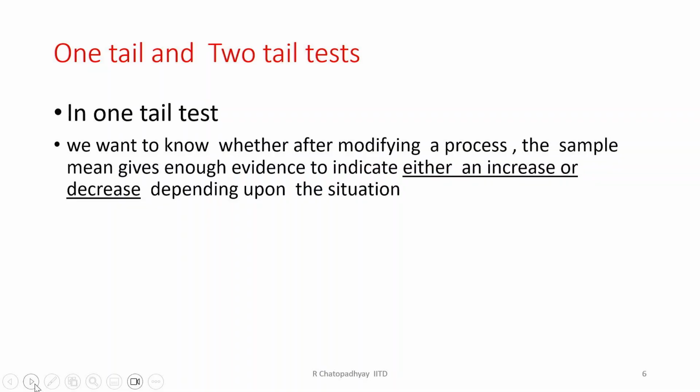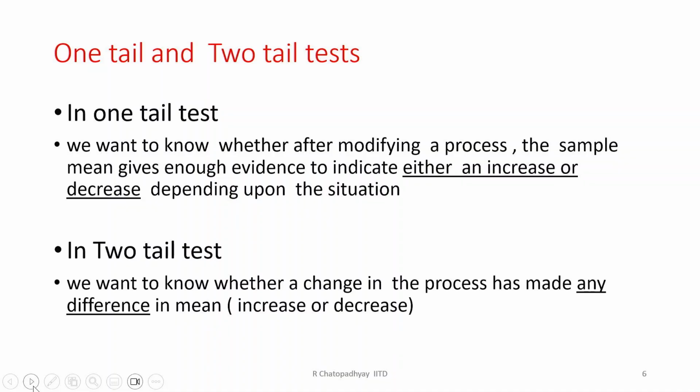So in the one-tail test, we want to know whether after modifying a process, the sample mean gives enough evidence to indicate either an increase or a decrease, depending upon the situation. We are interested to know that either there is an increase or there is a decrease. And in the two-tailed test, we will be interested to know whether a change in the process has made any difference in the mean or not.